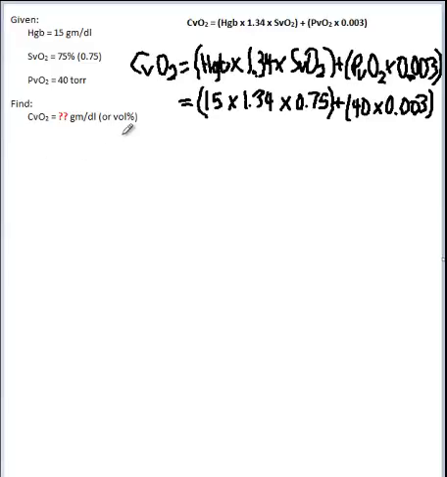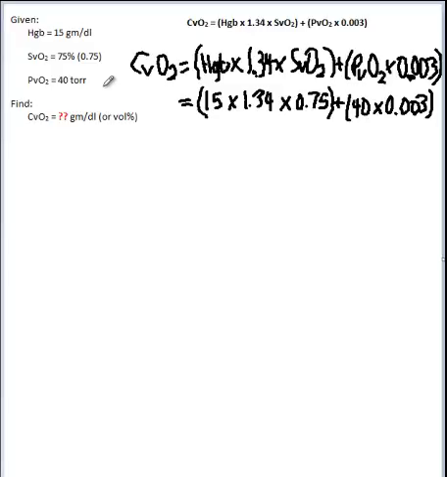So I've got these values plugged in, 15 times 1.34 times 0.75, and then add 40 times 0.003. And by the way, these are the normal values for these. You can see the hemoglobin in your Oakes on 5-3, and then all of these values for oxygenation on page 2-1.